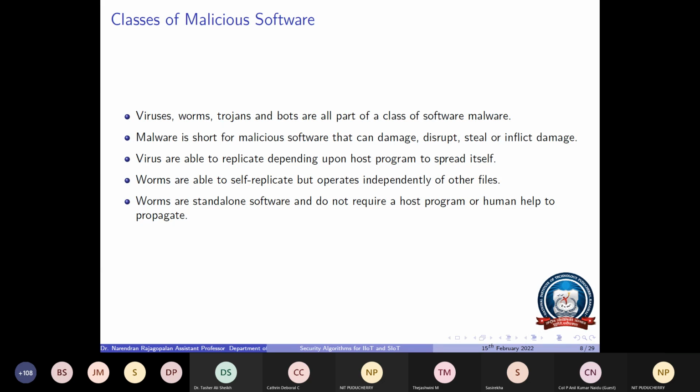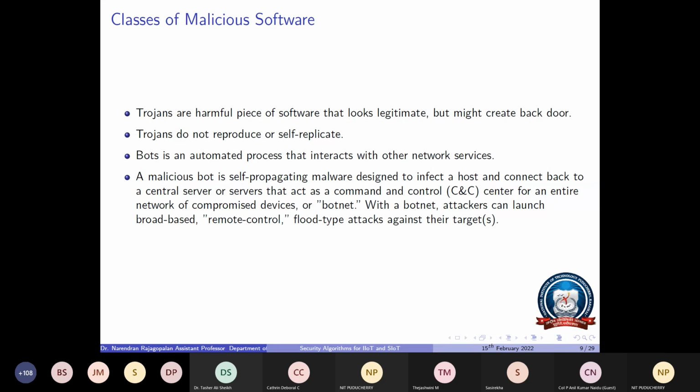Worms are a specific subset of virus, but worms are independent programs. They are not dependent, and they self-replicate to different systems. Then we have Trojans.